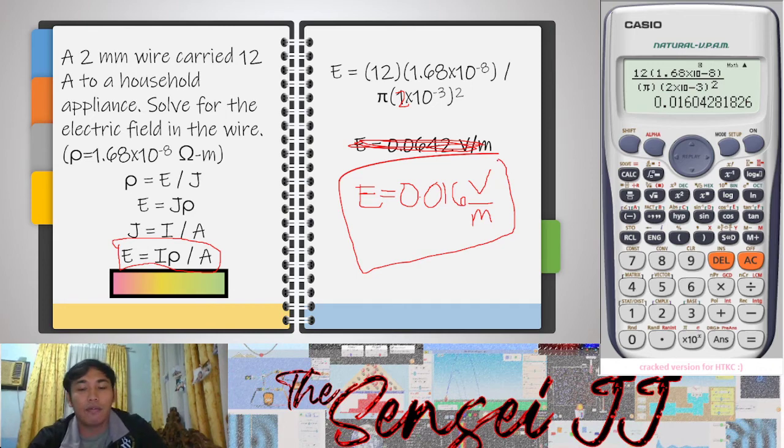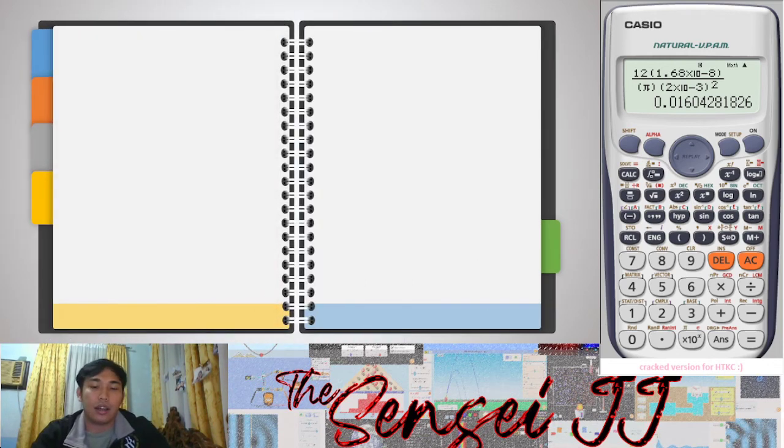So this is the value of our electric field strength. If you have questions regarding that problem, you may approach me and ask how we arrived at that answer.